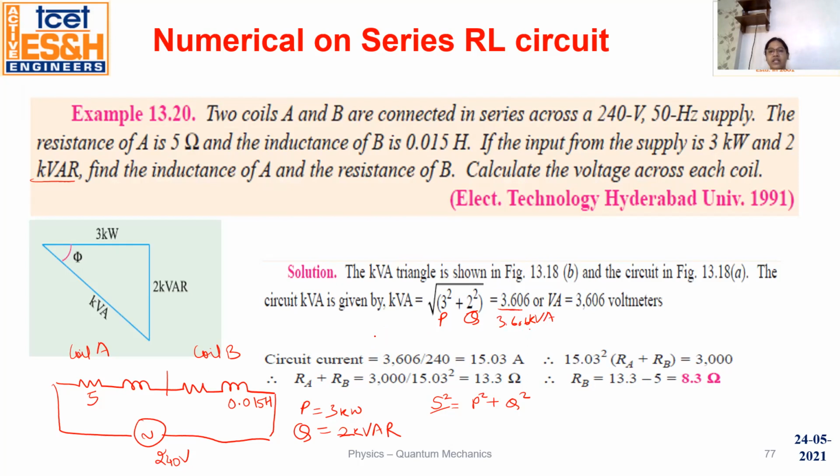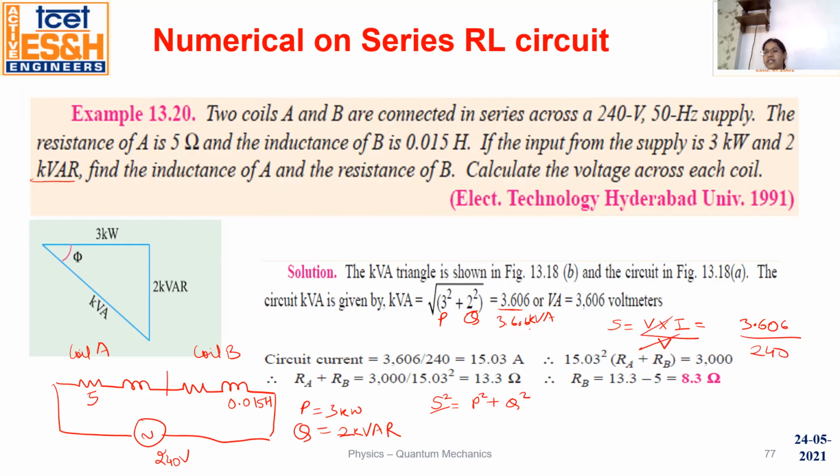Now the circuit current. Apparent power is equal to V into I. So V into I is equal to 3.606 kVA, divided by voltage. Voltage is given as 240. So here you divide by your input voltage.